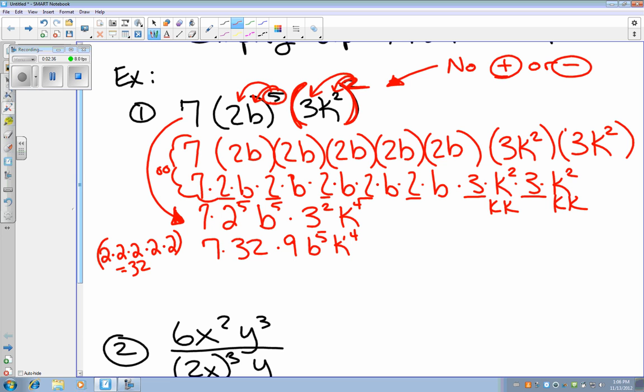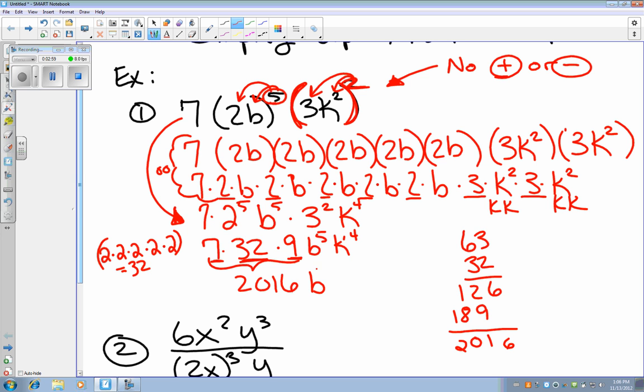And then once you get to this point, you could probably just pull out a calculator, or you can just multiply it on the side of your page. So I'll just do that over here. 63 times 32. Again, 7 times 9 is 63, so I'm using that, times 32. 2016, b to the 5th, k to the 4th.